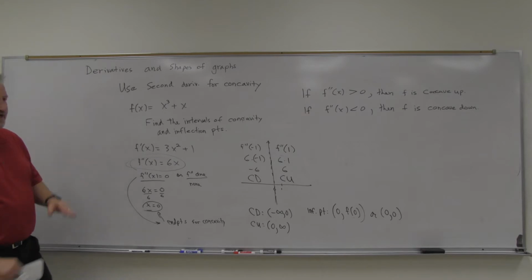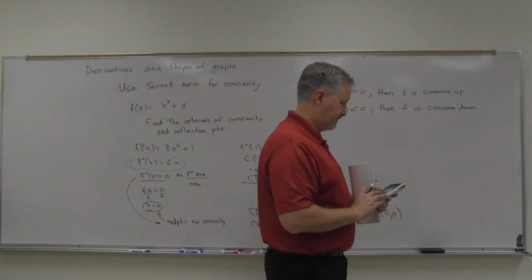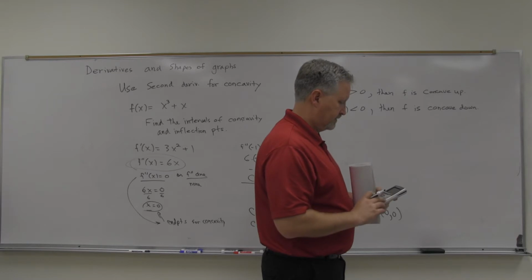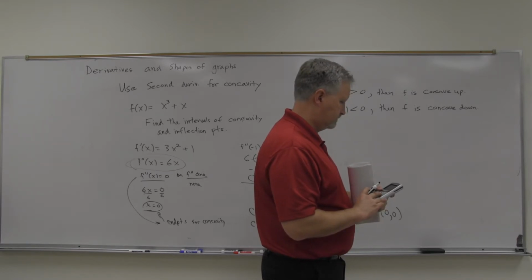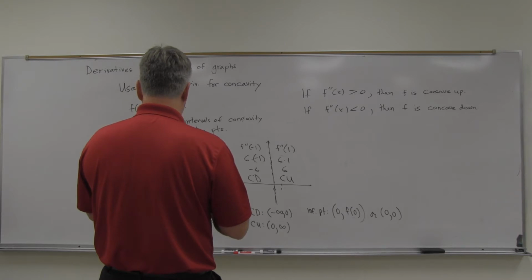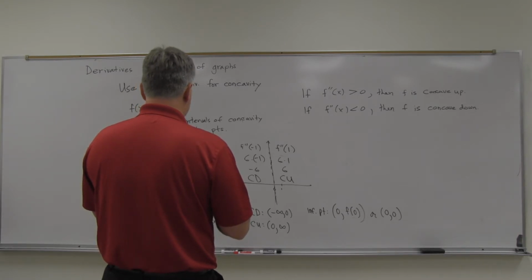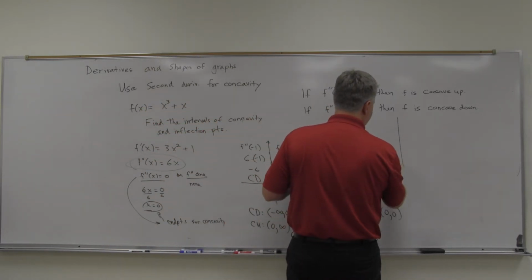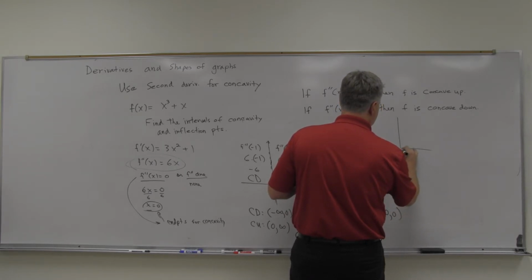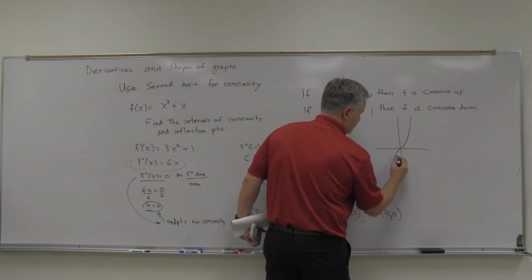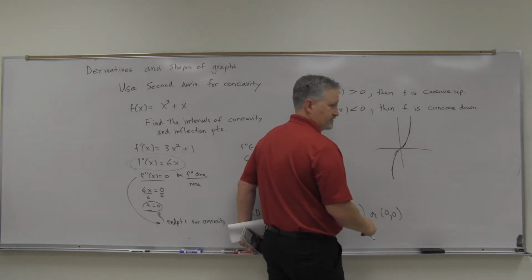And this one would be an easy one to check. If you look at the graph of x cubed plus x, the tangent lines run there, and then they change over, and the tangent lines are below.